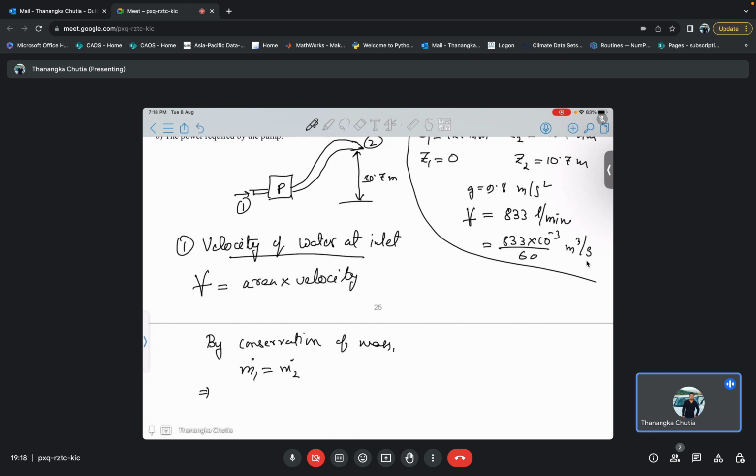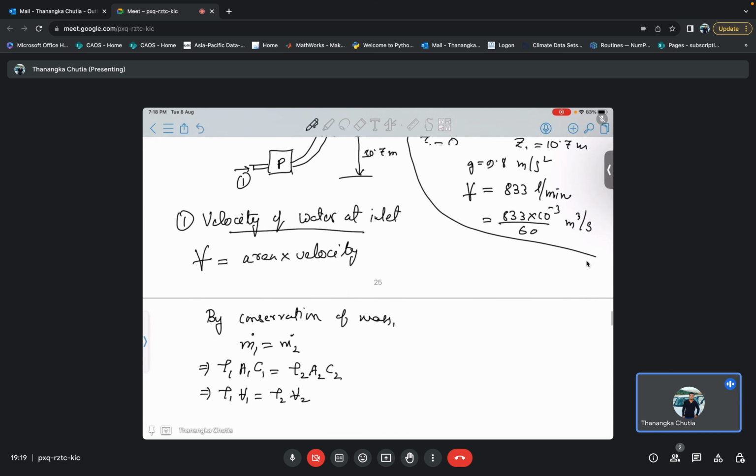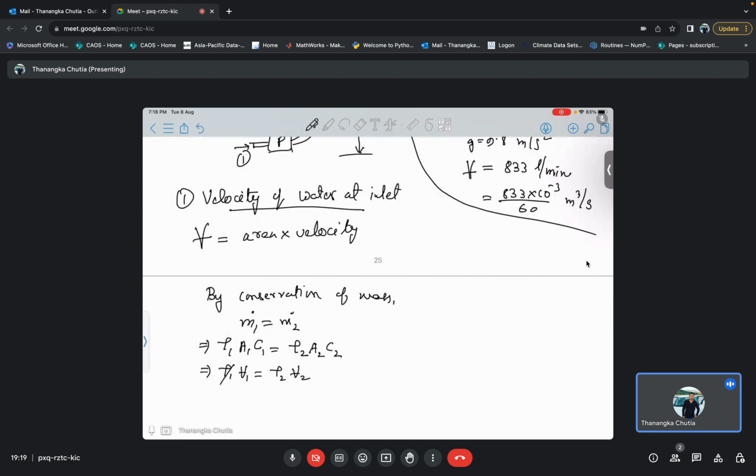What is m1 dot? It is basically rho 1 A1 V1, which is rho 1 times the volumetric flow rate. In this case we are operating underwater, so rho 1 and rho 2 are almost the same.